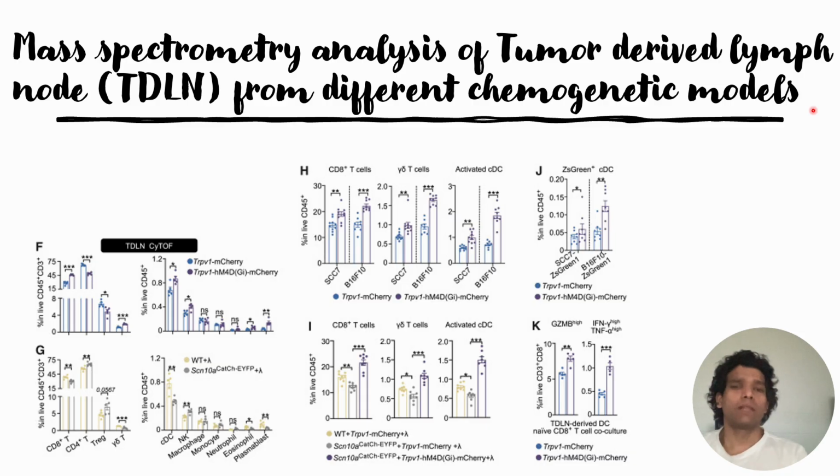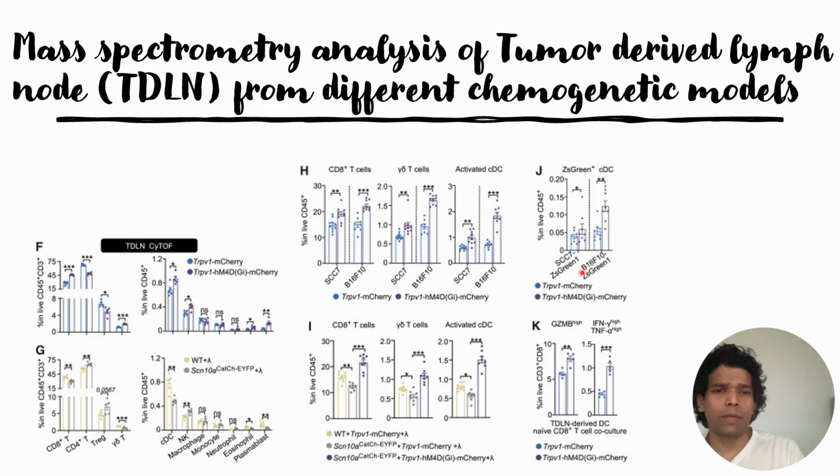Thereafter, they wanted to confirm whether, in the case of chemogenetic inhibition, the tumor cell killing is done by the dendritic cells or there are some other factors. So they first checked whether the dendritic cells play a role in tumor cell killing. For that, they used ZsGreen-labeled tumor cells and checked the conventional dendritic cells. They expected that if the dendritic cells undergo phagocytosis, they will engulf the tumor cells, so they will also have ZsGreen fluorescence.